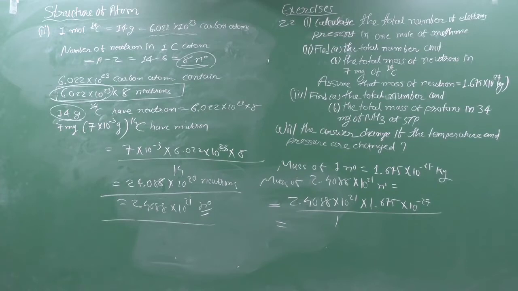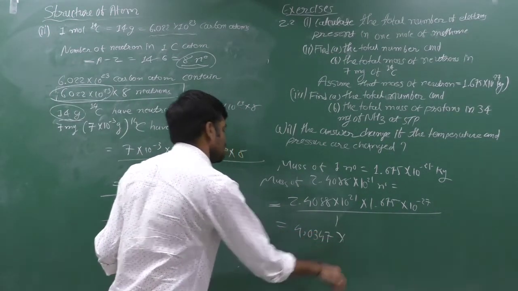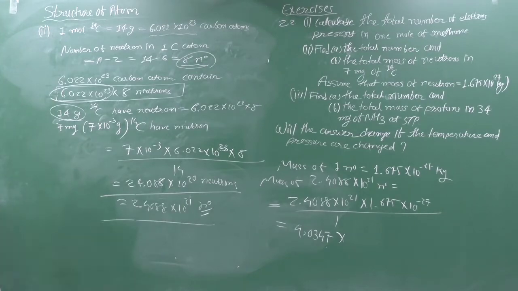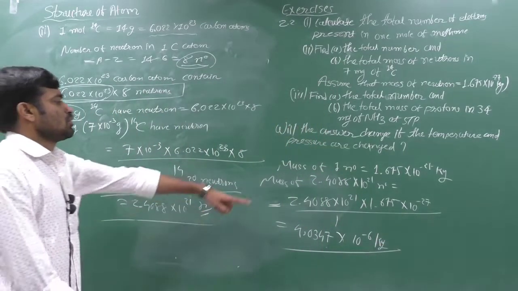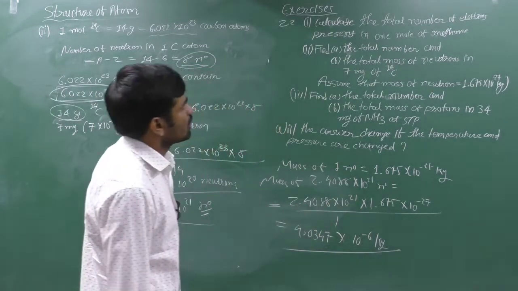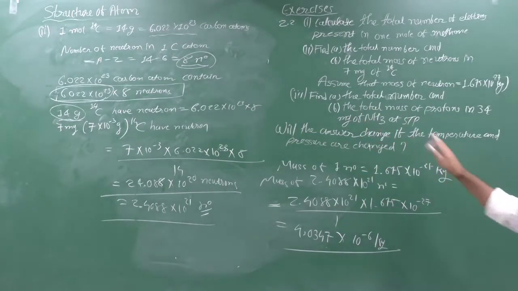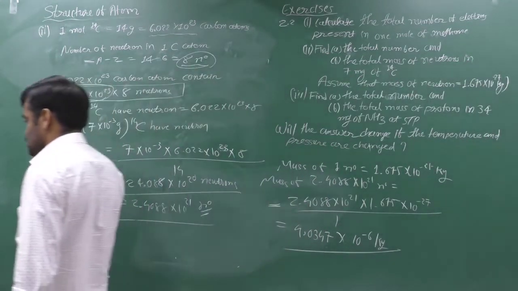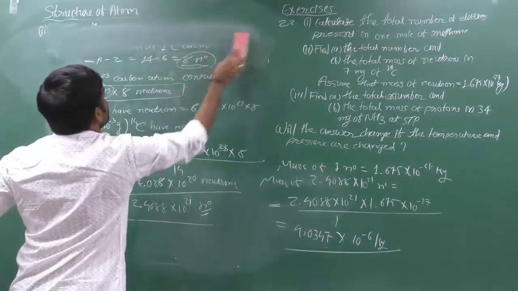It is nearly equal to 4.0347 into 10 raised to minus 6 kilogram. That is the mass of 2.4088 into 10 raised to 21 neutrons, or the neutrons present in 7 milligram of carbon 14 atoms. Clear? So it is the second calculation. Now we can calculate the third portion of this question.